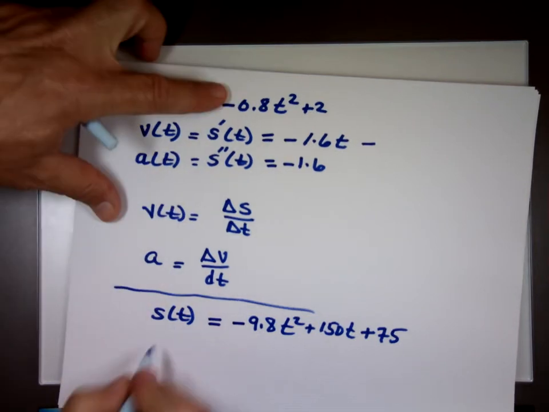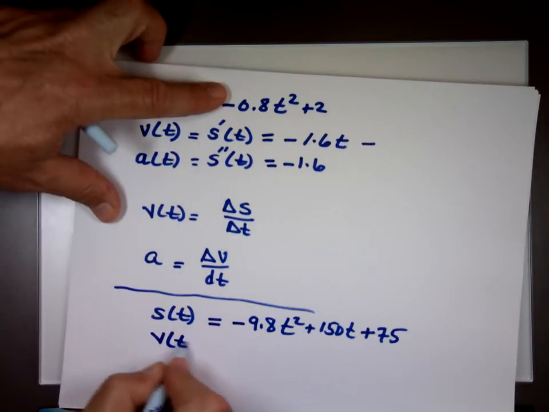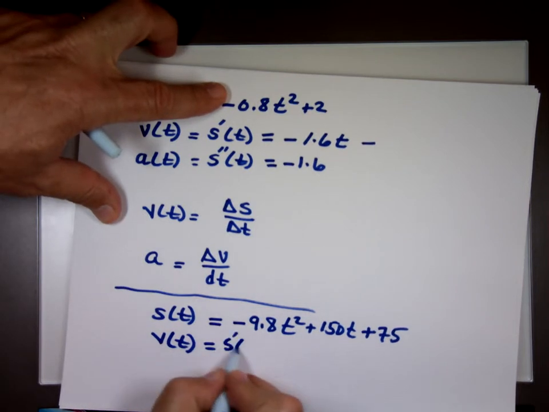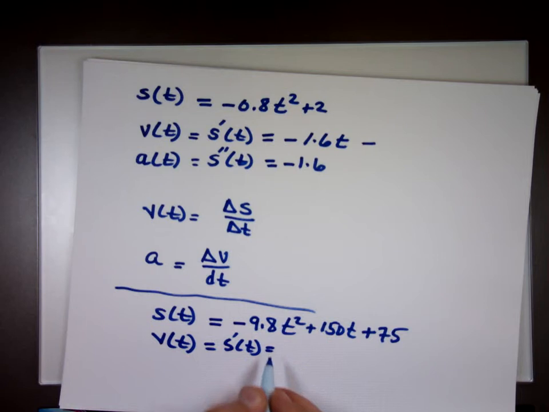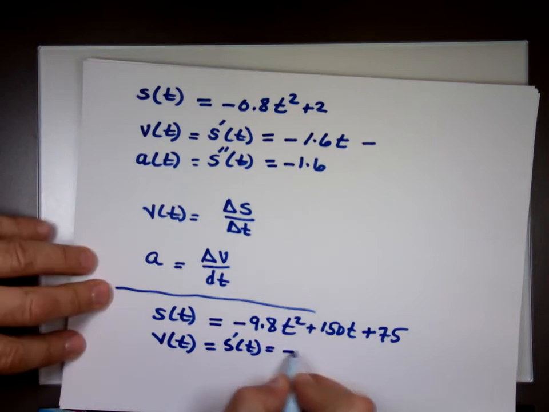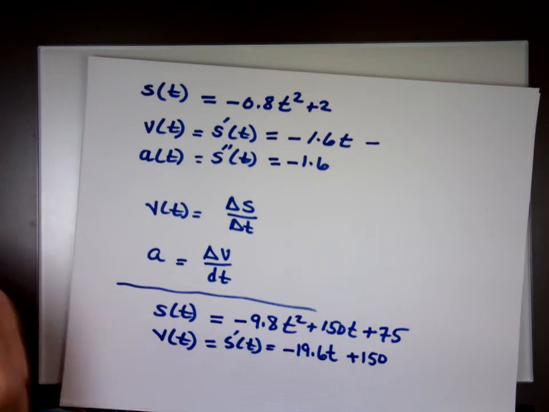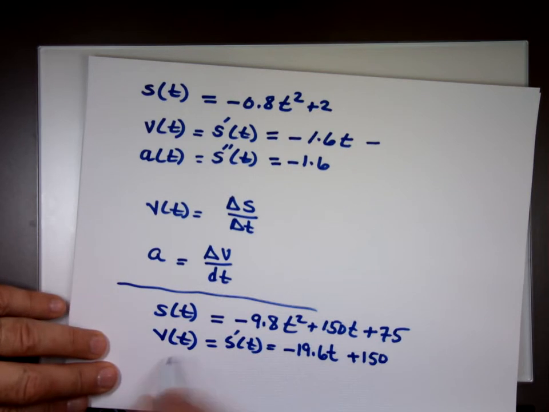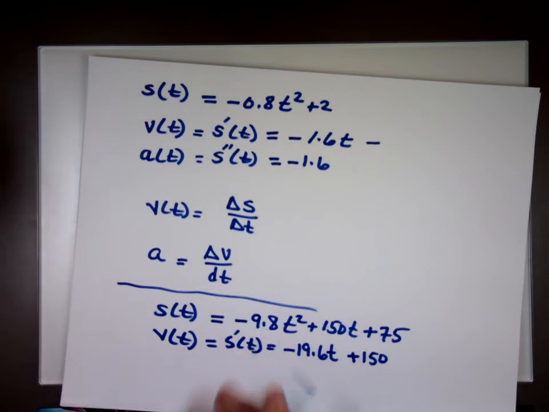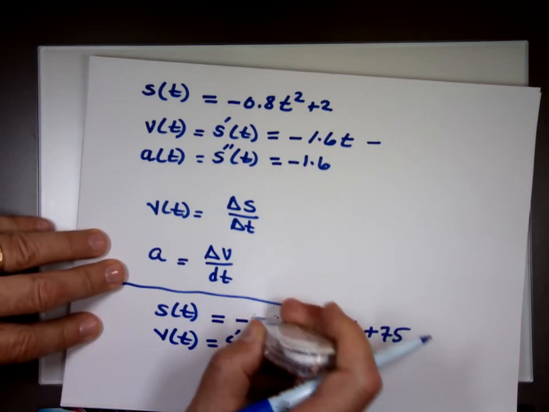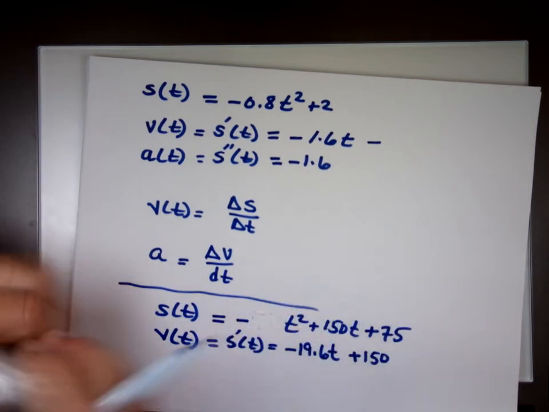Now, the velocity of the ball at any given time will be the derivative of that. The velocity will be what? Negative 19.6 times t plus the 150. And actually I gave it the wrong number, so it should be 4.9 here, not 9.8. Half that number, if I want to stay with the Earth.